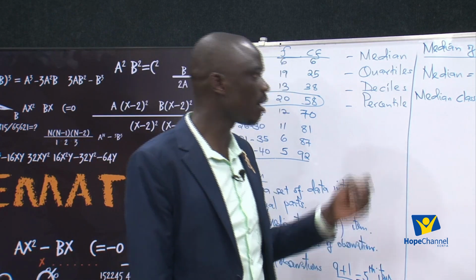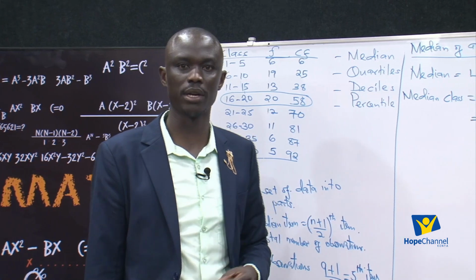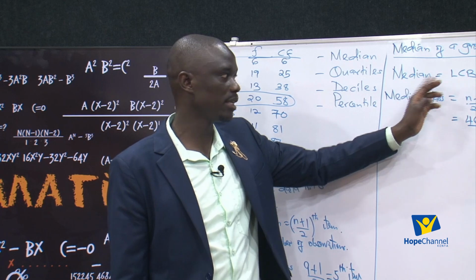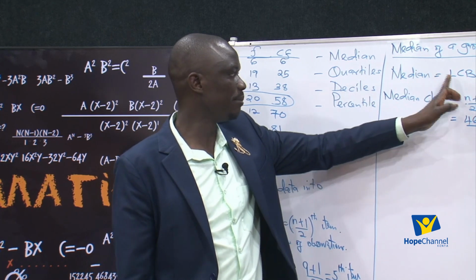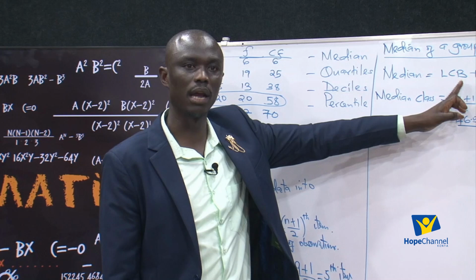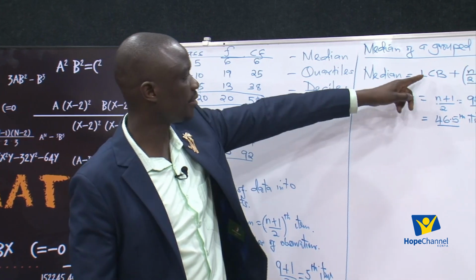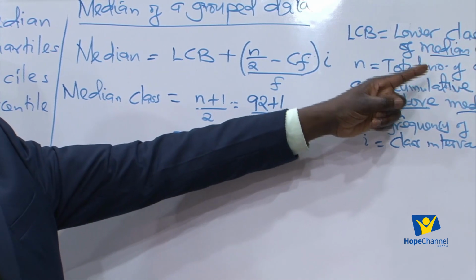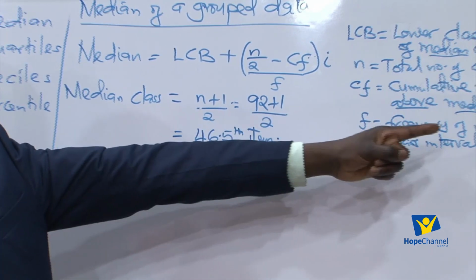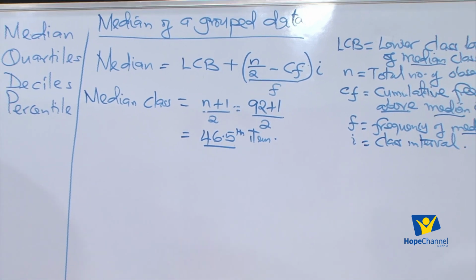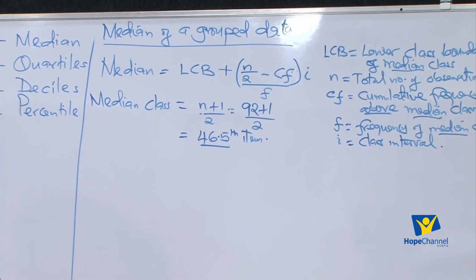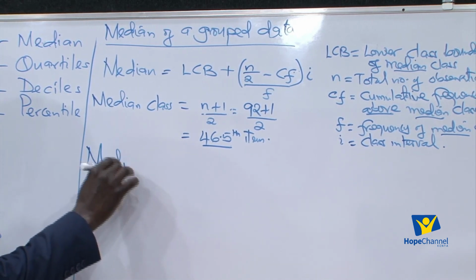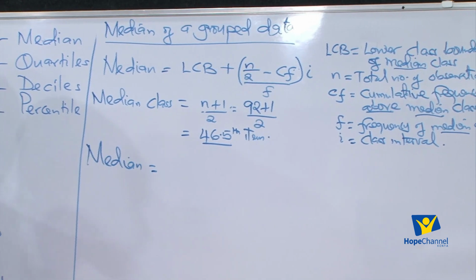Good. So how are we now going to effect this into our formula? Remember, the formula is stated for us to calculate the median. The median is the lower class boundary. Remember, the lower class boundary is the class boundary of the median class. So we need to look at the boundary of this class. Let me rewrite the formula.